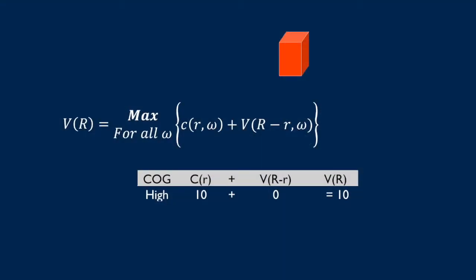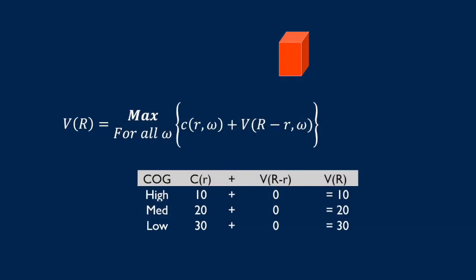So we have a cash flow of $10 and our remaining value is 0. It would normally be the closure cost, but in this case we're assuming no closure costs, so we have a remaining value of 0, and our total value for the entire resource is 10. For the medium cutoff grade, we have a cash flow of 20, our remaining value is still 0, and so our total value of the entire resource is 20.